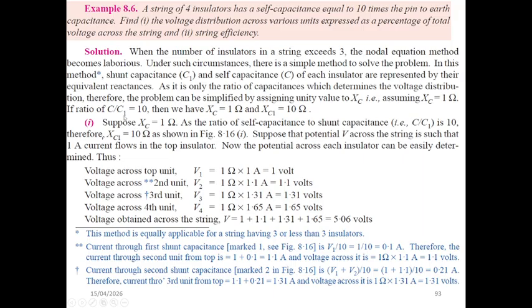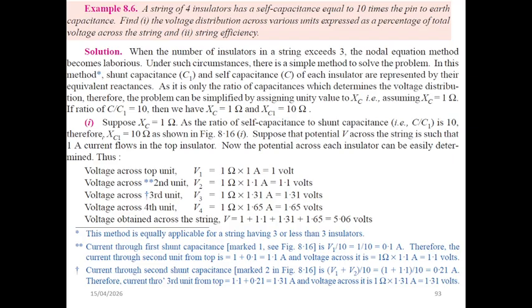So this non-uniform capacitance will make the voltage distribution along the string become non-uniform, which is an important consideration in HV transmission systems, as I told you. And to solve the problem, the nodal equation method can be simply applied. Do you remember nodal equations from Power System 2, right?